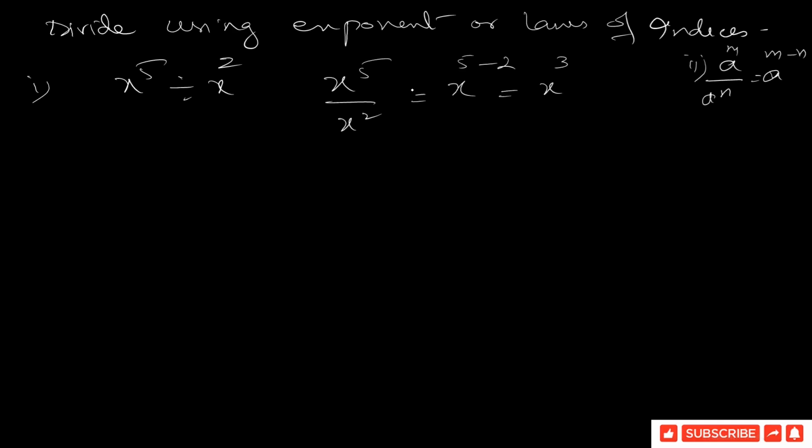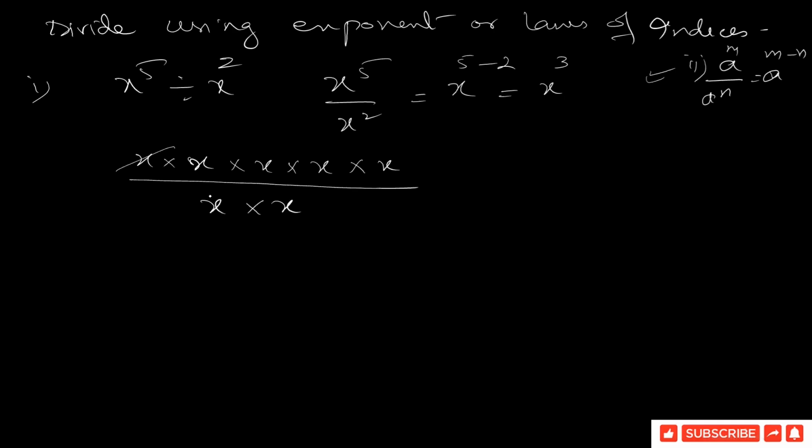And if we want to check how this indices law works, we can make it separate. X power 5 becomes x times x times x times x times x. How many x's? 1, 2, 3, 4, 5. Divided by x times x.